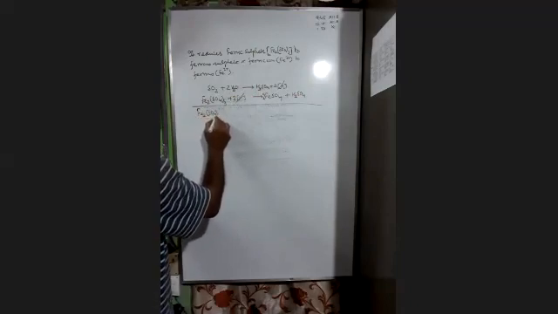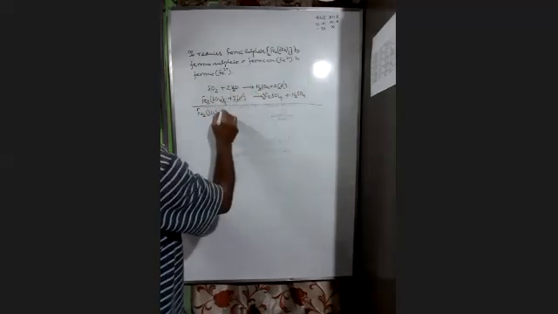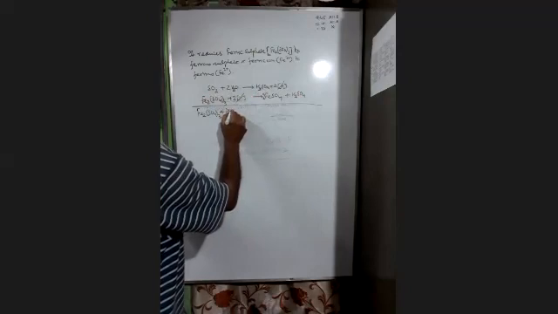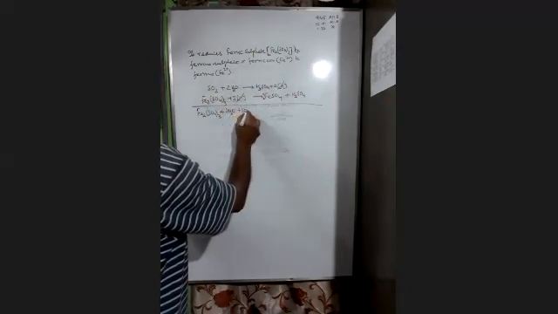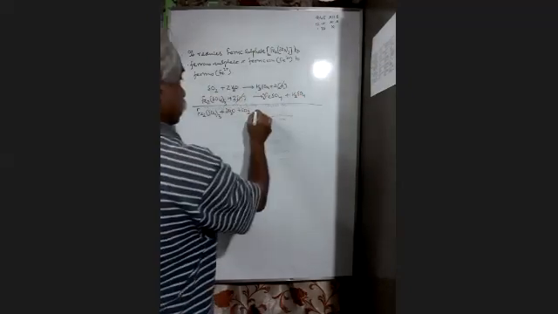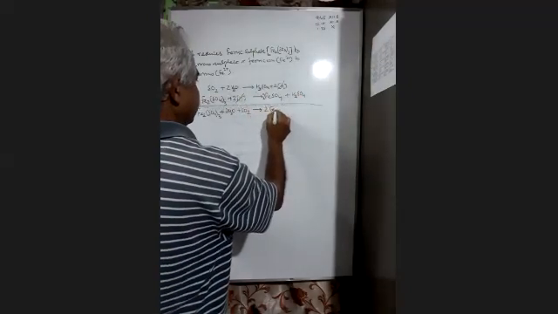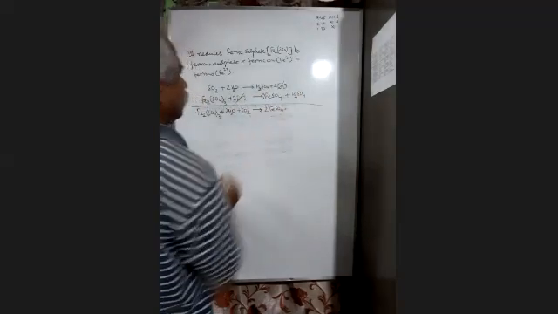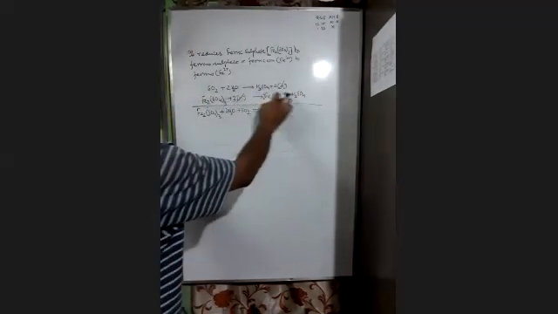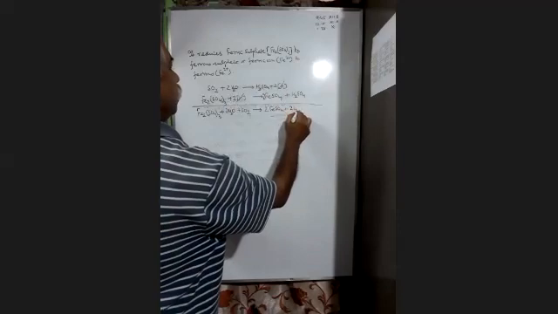Fe2(SO4)3 then 2H2O plus SO2 will give us 2FeSO4 plus H2SO4. So this way we will do.